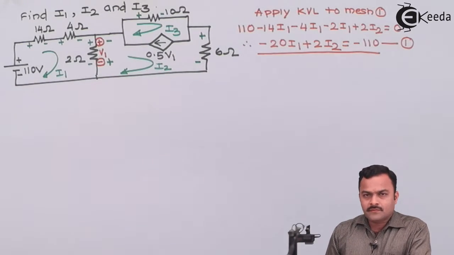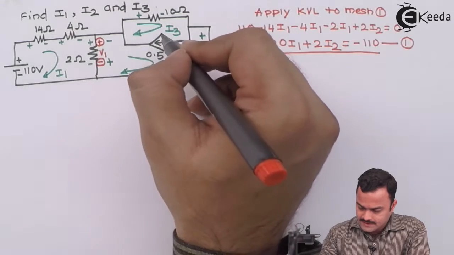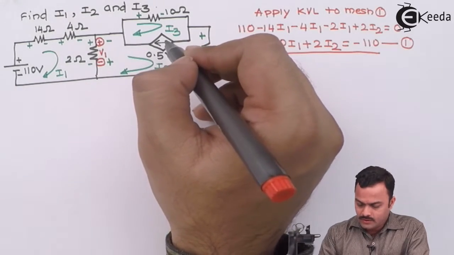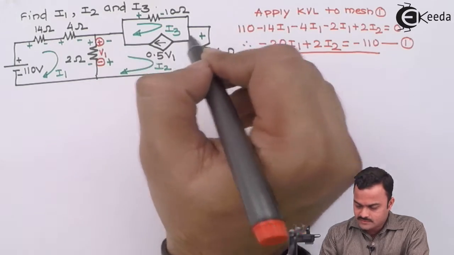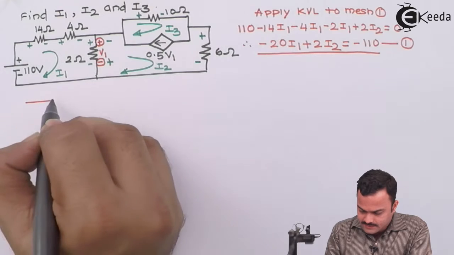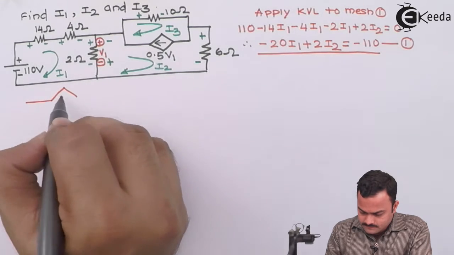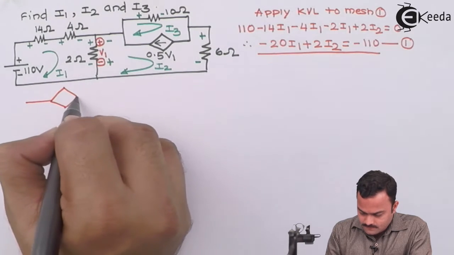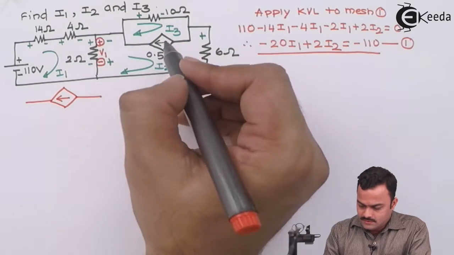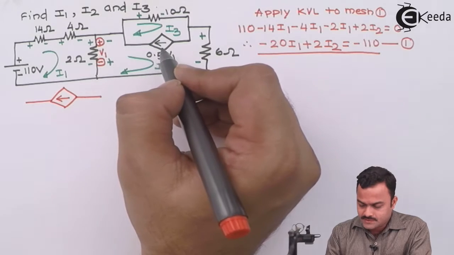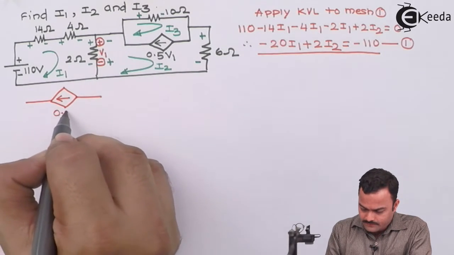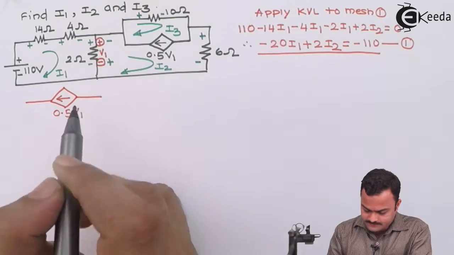Let's go to mesh 2. The problem with mesh 2 is that there is a current source between two meshes where we cannot apply KVL directly. So what we'll do, we'll take this current source first outside the circuit. So the current source is like this. And it's a dependent current source, and it depends on the voltage V1, since it is a voltage controlled current source with a value 0.5 V1.